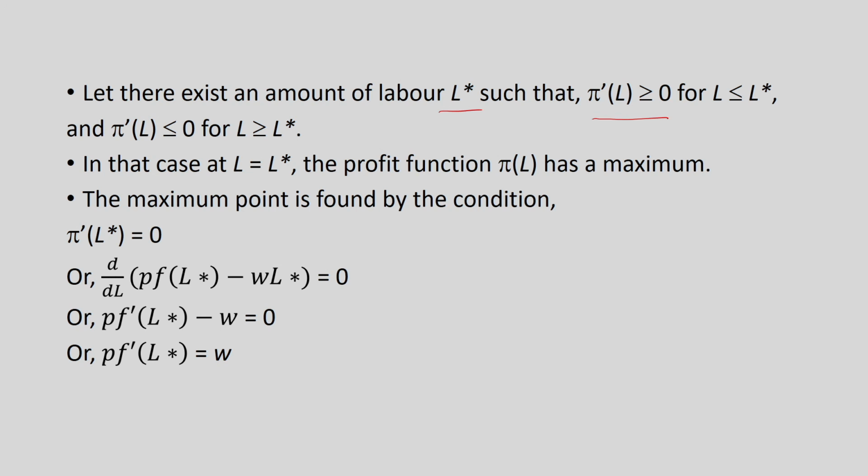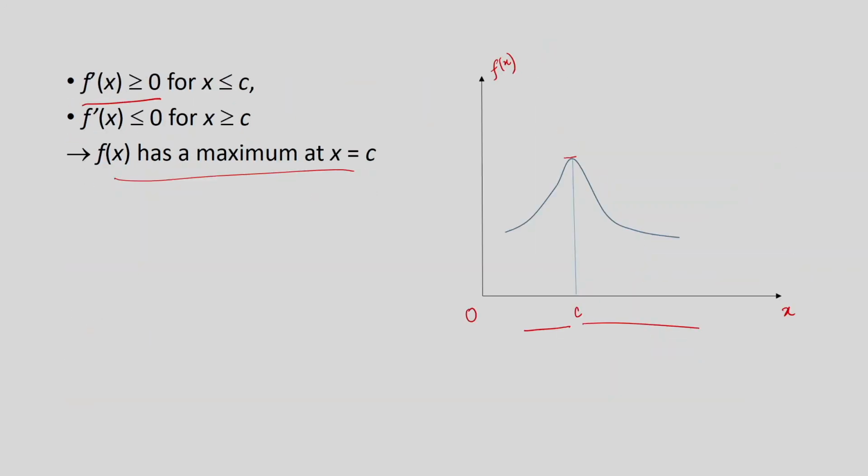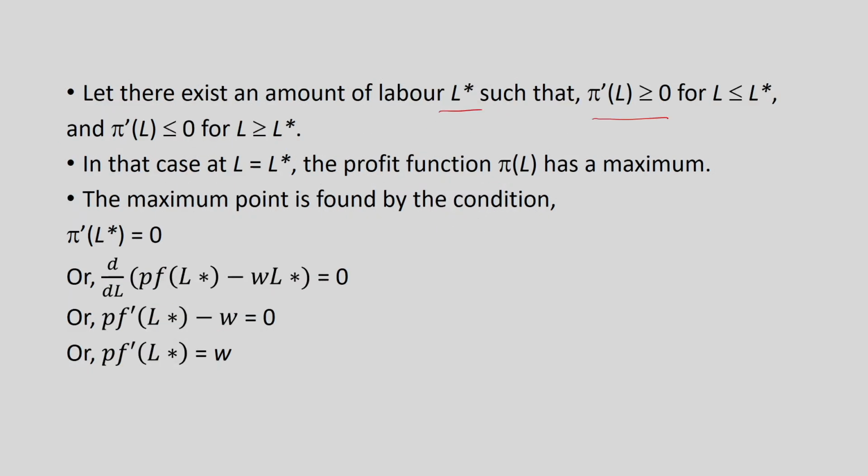This is the condition that we have seen before, when we were talking about the first derivative test. Now, in that case, at L is equal to L star, the profit function has a maximum.